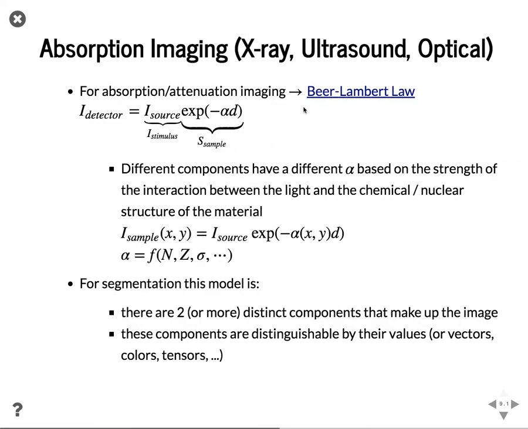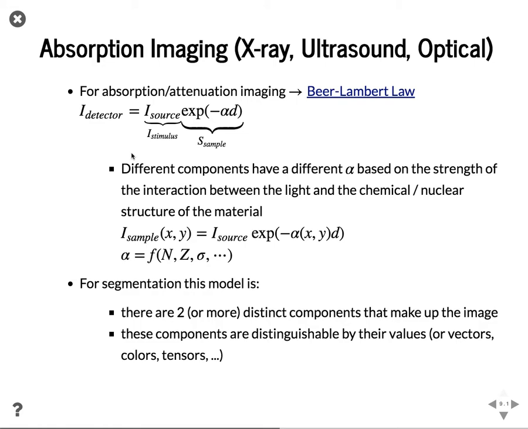We're interested in what the sample's actually made of. And so what this allows us to do is break it down. Here's the detector, here's the source, the stimulus. We have the sample, and the sample is this exponential decay with this alpha coefficient and this d, which represents the thickness.